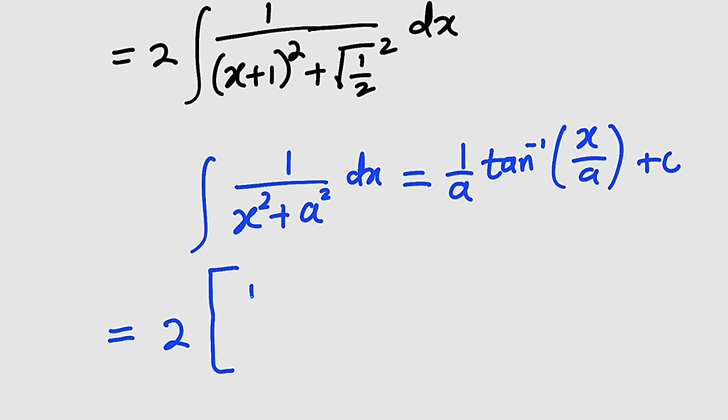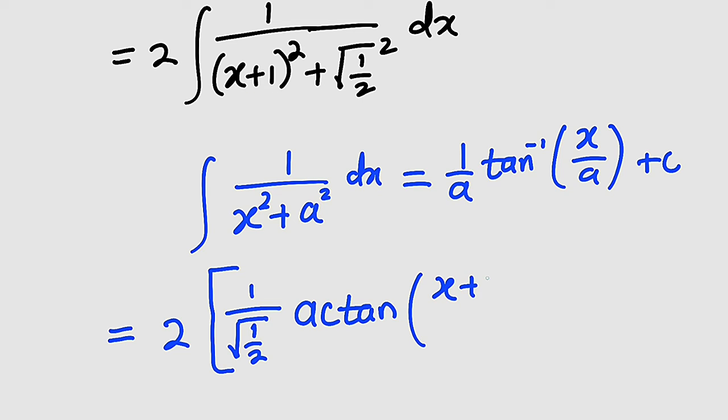So it will be 1 divided by root of 1 divided by 2, multiplied by arctan of what? x divided by a. But this time around we have x plus 1 as x. We have x plus 1 divided by a, and a is the square root of 1 divided by 2. We don't need to add plus c because we have the other part.